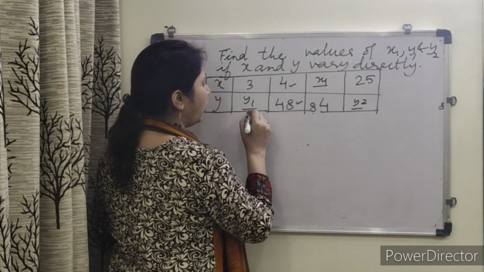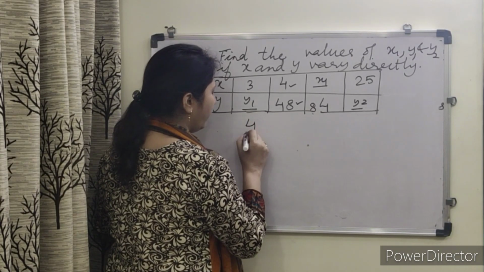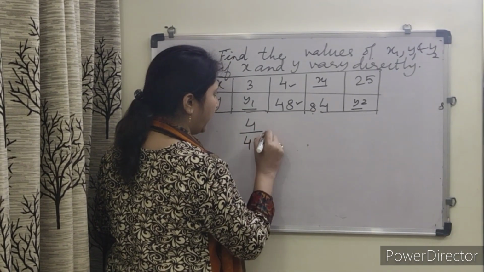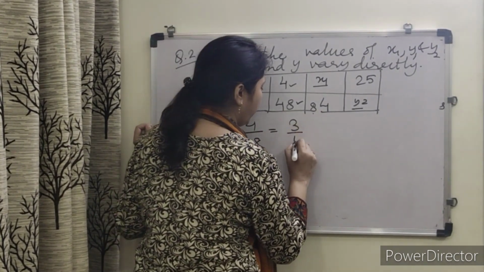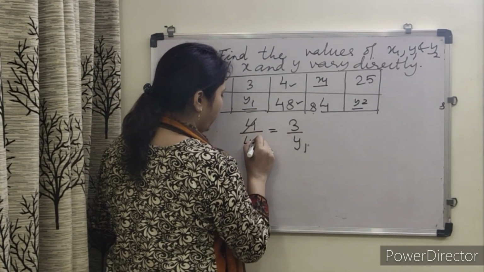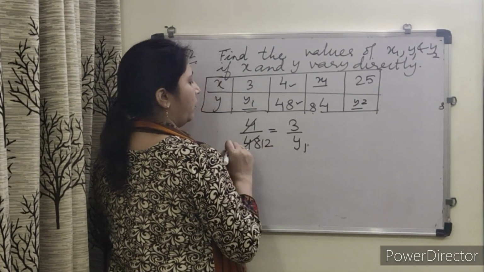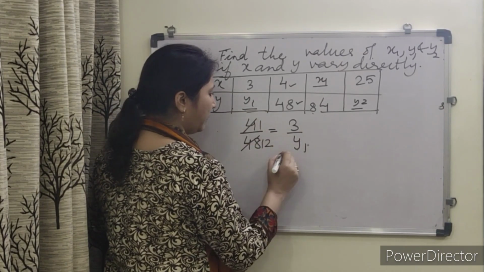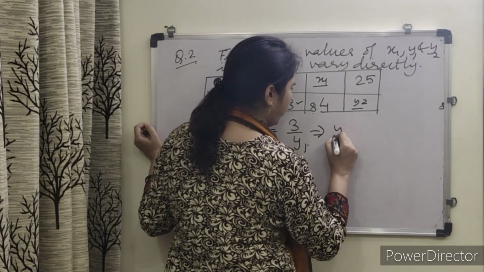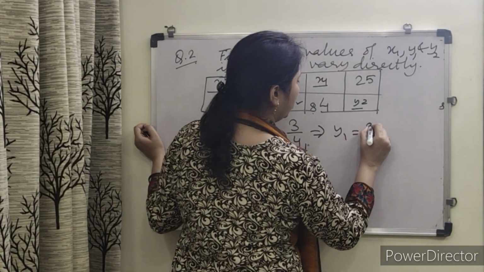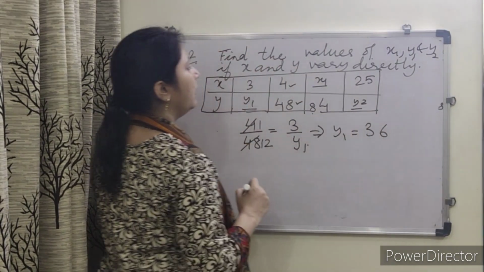Like if we want to find y1, we will take 4/48 equals 3/y1. Cancelled. Now by cross multiplication, you will obtain y1 equals 36.